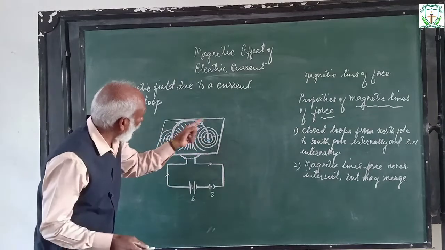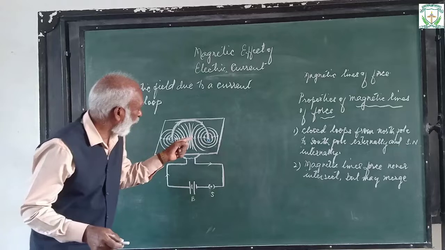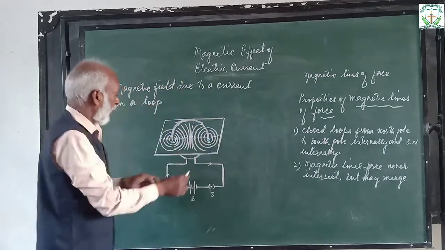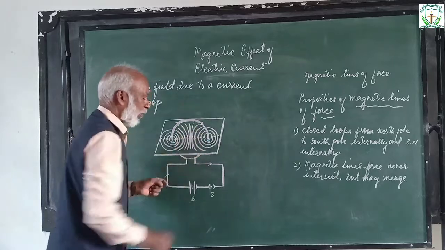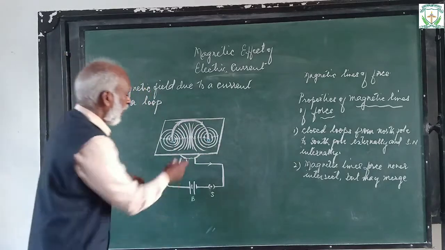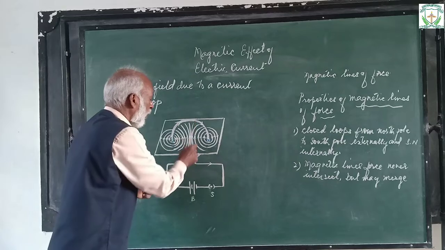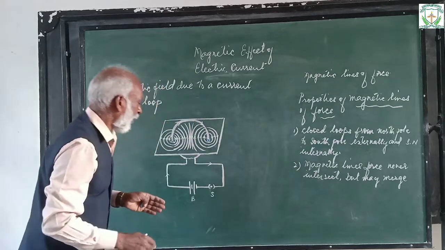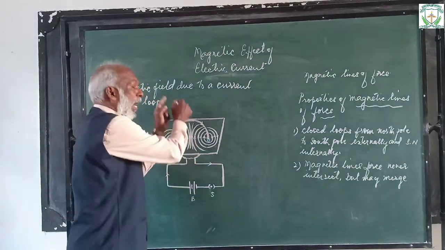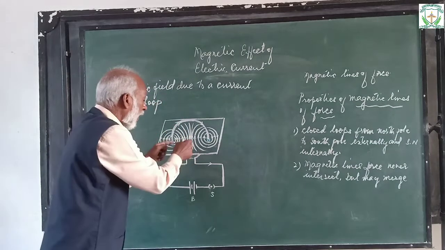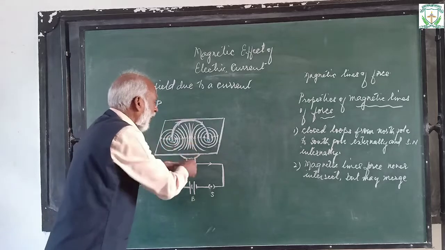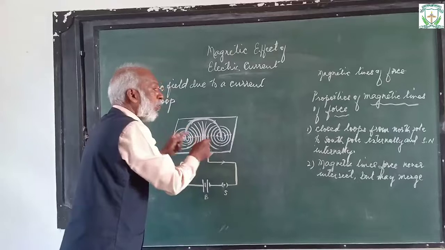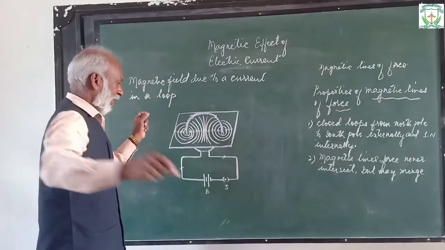At the center of the loop, at the axis of the loop, you see, the magnetic lines of force are in the same direction and almost uniform. The lines are very compactly placed. They are parallel to each other. More lines pass through the axis of the coil, and they are almost parallel. Here in this diagram, because we have taken only a loop, it's not a solenoid.